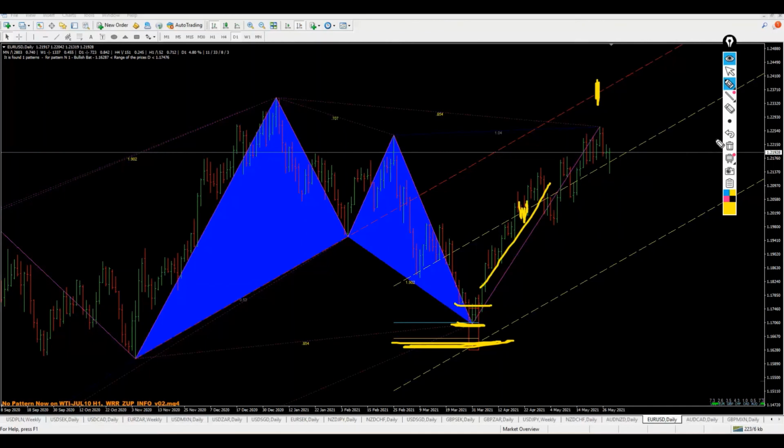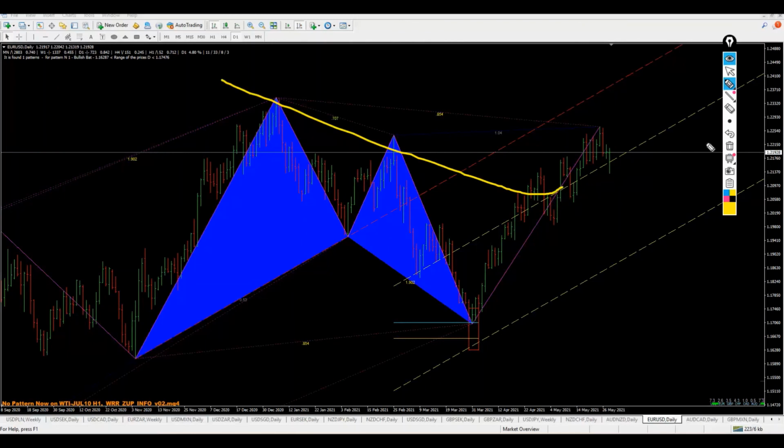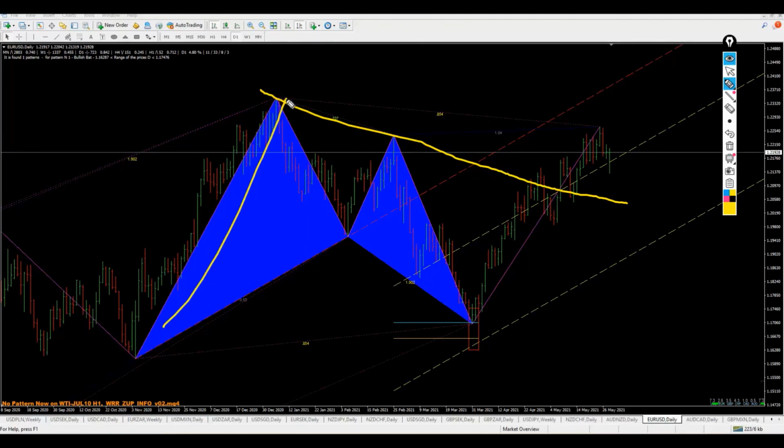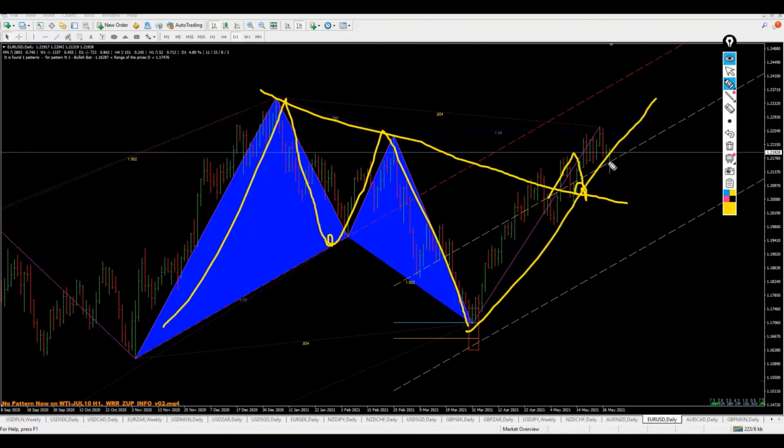But as I said before, the best way for this market to play out for us is waiting for the market to break this resistance. See, this is the resistance coming back, hit back, then again, and now we are seeing that it's coming up there, it's giving us the resistance, and then it goes up for us.